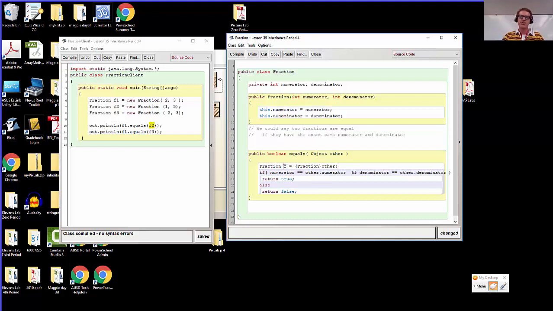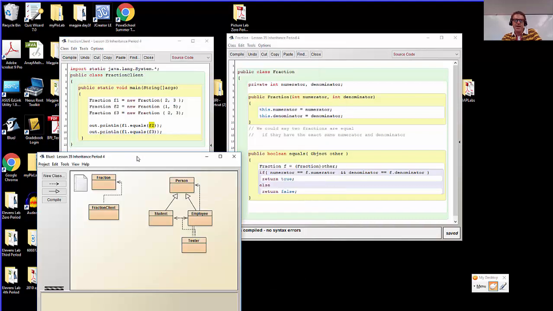We made it a fraction. And so we don't put other dot numerator, we put f dot numerator. And now I'll cross my fingers and see what happens. Good, all good. Does my tester compile? Yep, all good.